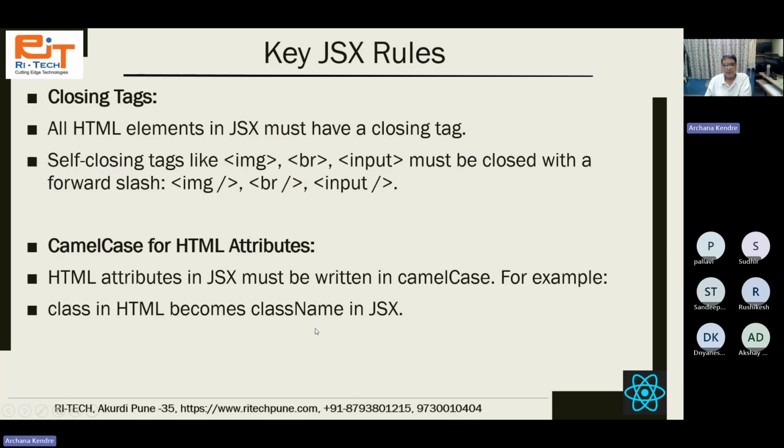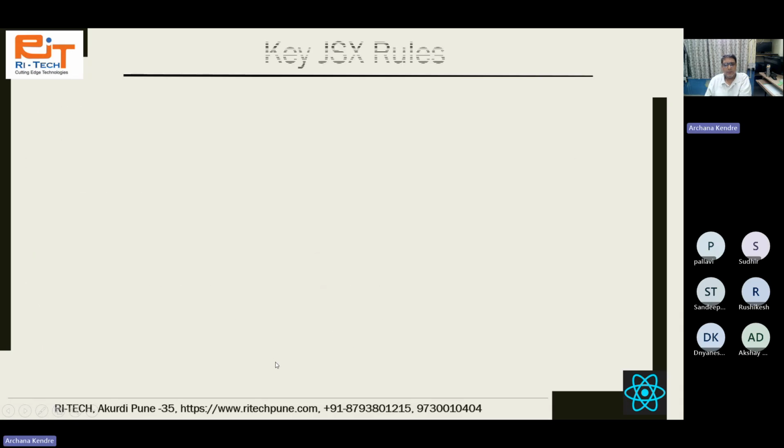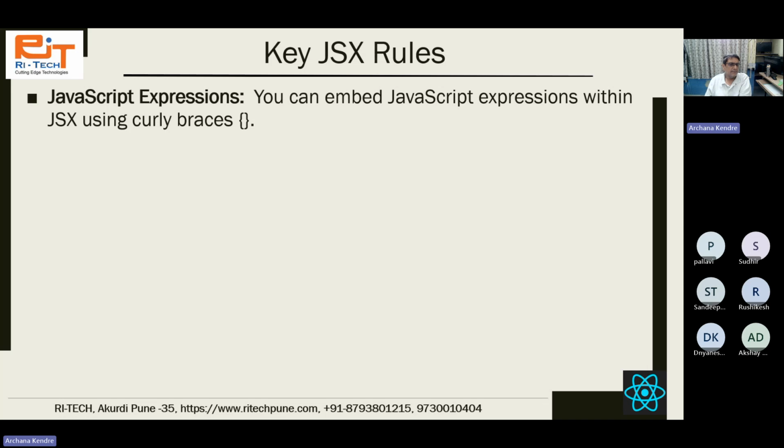Instead of that, we need to use className here. Now the for attribute in HTML becomes htmlFor in JSX. So there are a few rules that we can use in JSX.